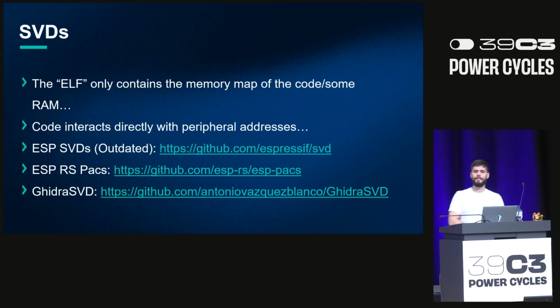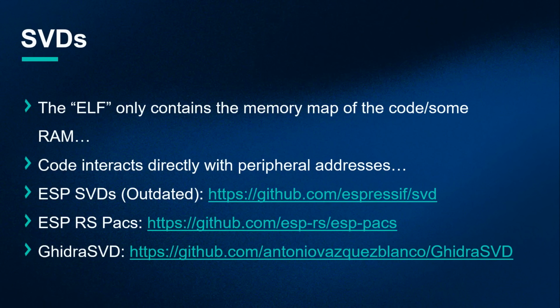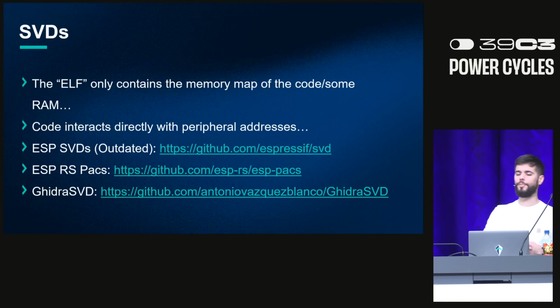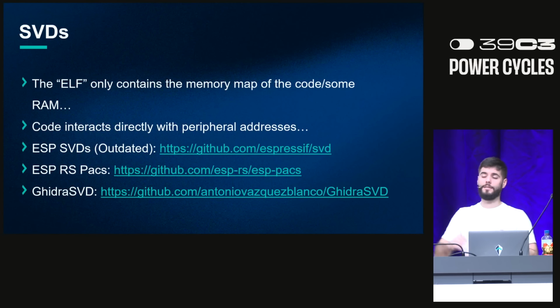There's this thing that the ELF binary only contains the memory map of the code and some portions of RAM that will be used. But the code we want to reverse engineer directly talks to peripheral memory, which are regions that are mapped into the memory bus, but they are referenced directly as addresses in the code.